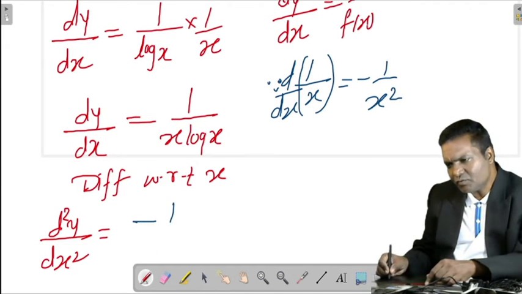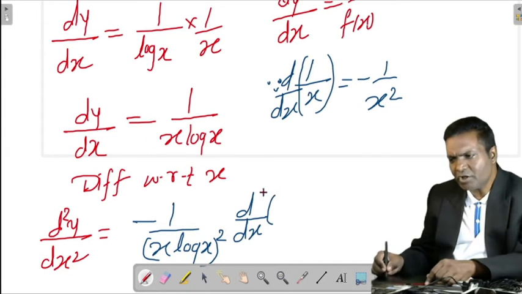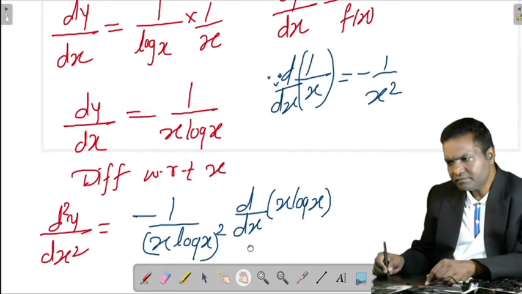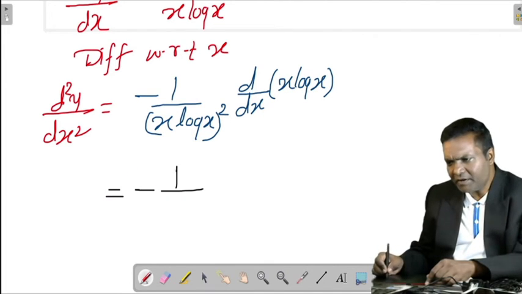So its derivative is minus 1 by x log x whole square into d by dx of this denominator, that is x log x. So differentiate this as it is, minus 1 divided by x log x whole square.